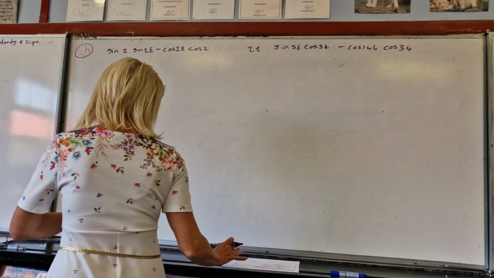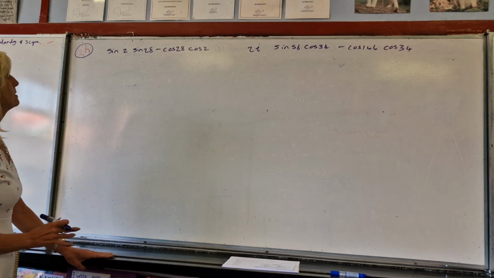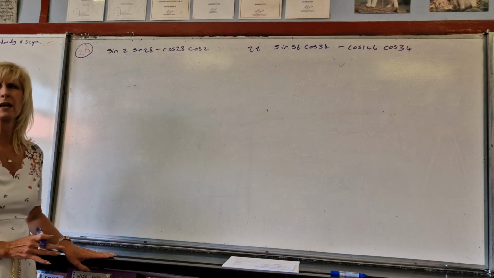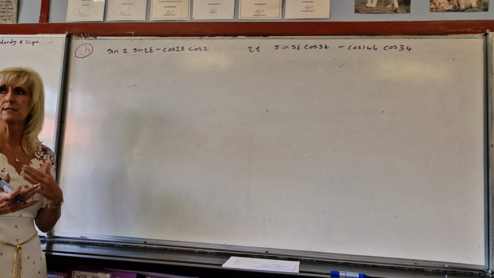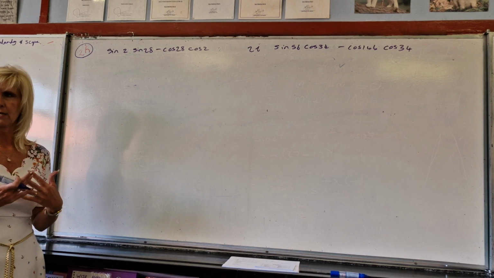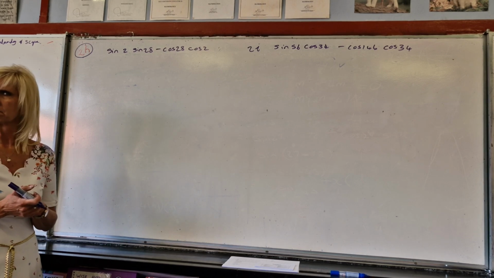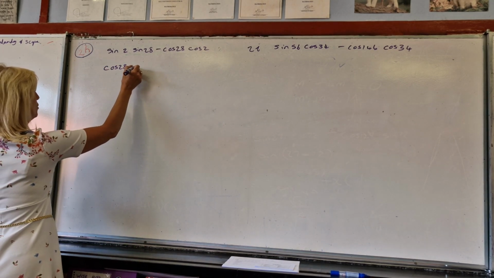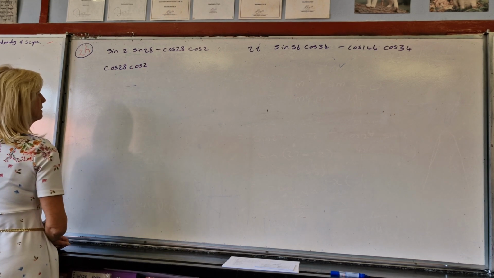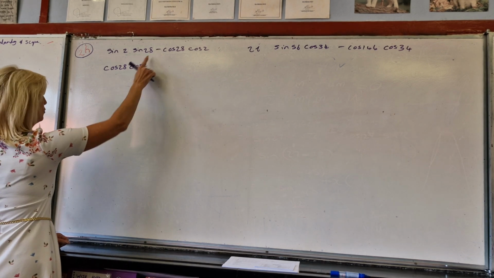Alright, so we're looking at it and seeing sin, sin, cos, cos. How do we know this? It's cos, cos, sin, sin. That's how we know it. Right? So can we just swap it? Yes. So if we do cos 28 and cos 2, the problem is there was a negative. You can't change the sum.